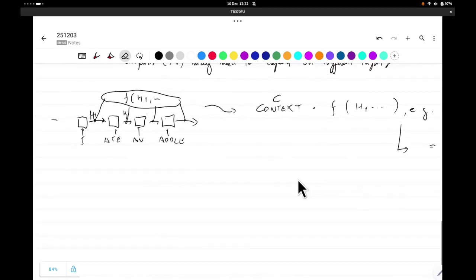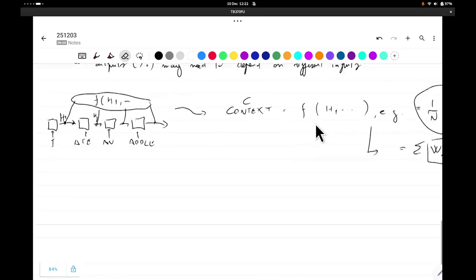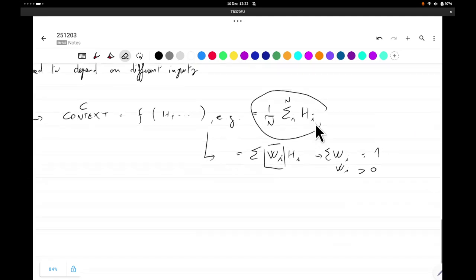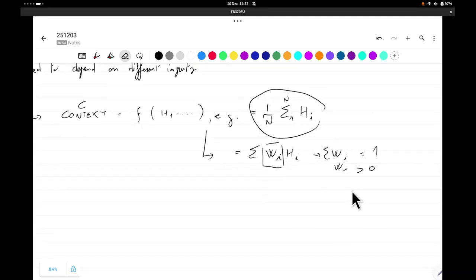So in this way, we would have the context as a weighted average of the state function over all the encoding, and we have to construct this kind of weighted average, where these weights are learnable parameters, right?